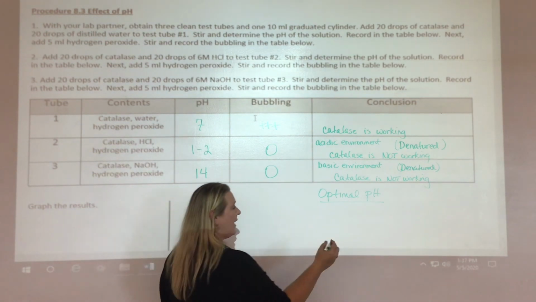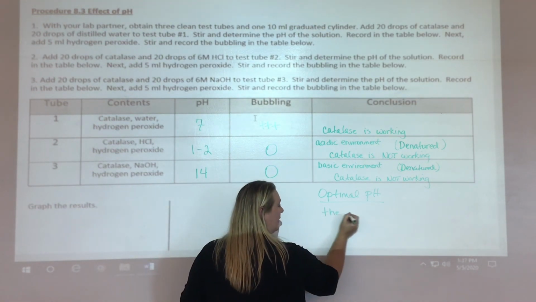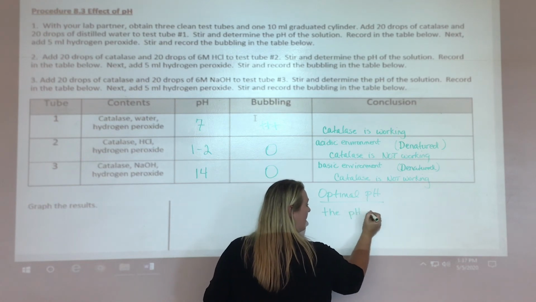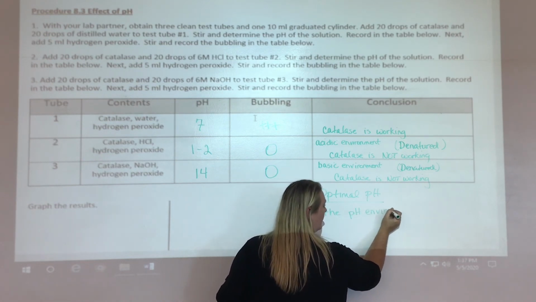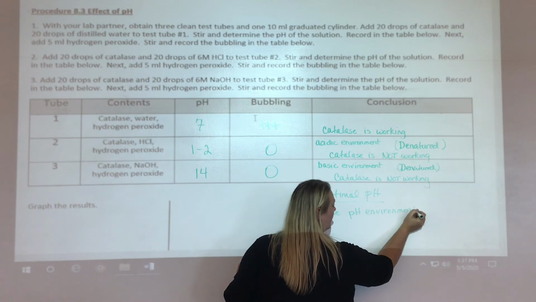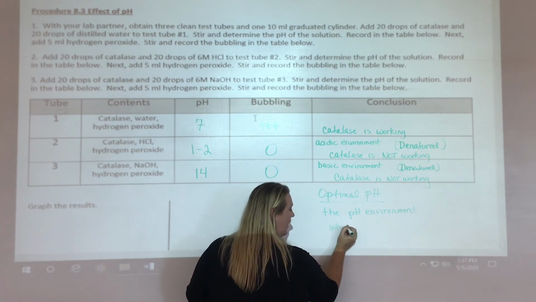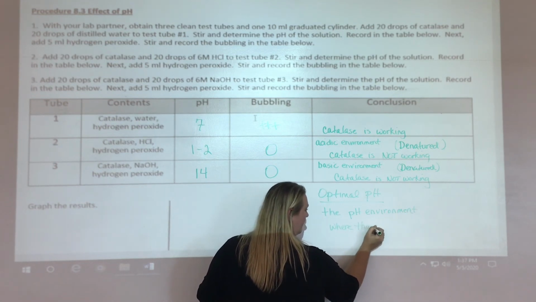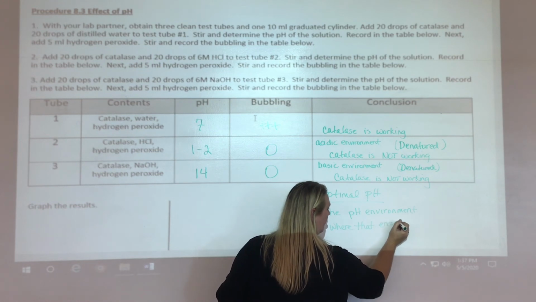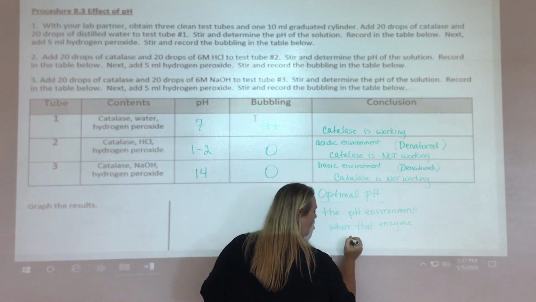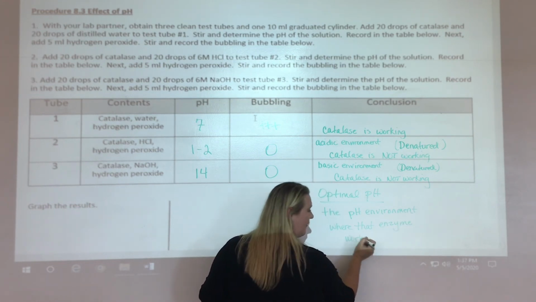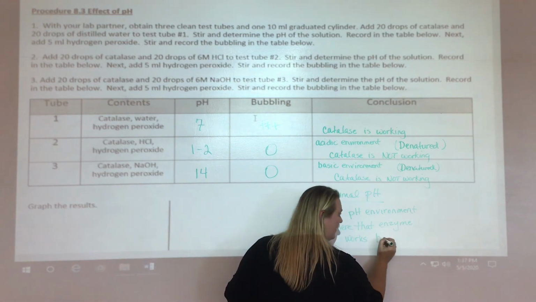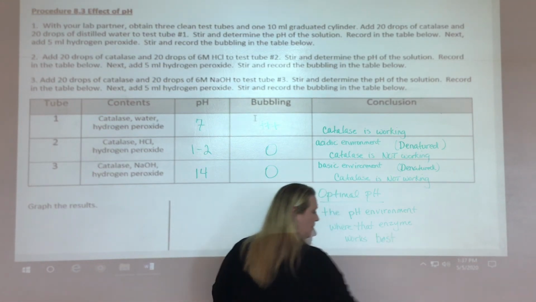So optimal pH is the pH environment where that enzyme works most effectively or efficiently, or works best.